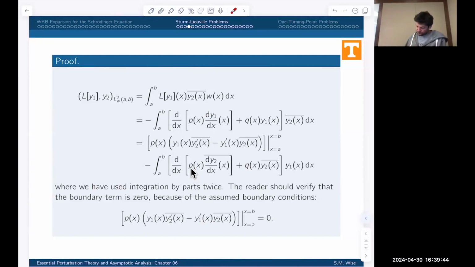If I do integration by parts, this derivative comes off of here, and then I just evaluate whatever's left at x equals a and x equals b. Then, of course, I have to throw the derivative inside the integral onto this y2 function. So I'm going to do that here. Let's see here.